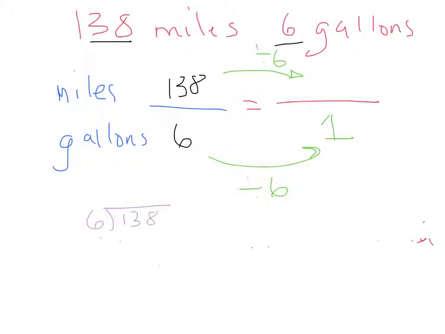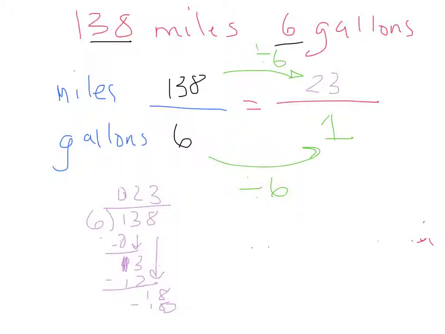All right, I'm going to divide, that's a 0, multiply, subtract, bring down, divide, multiply, subtract, bring down, divide, multiply, subtract, and there's nothing left to bring down. So I know this is 23.